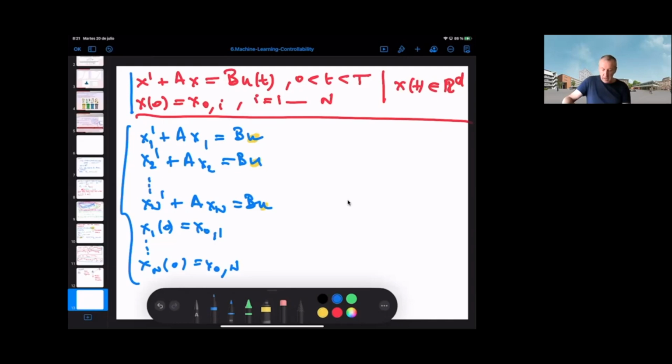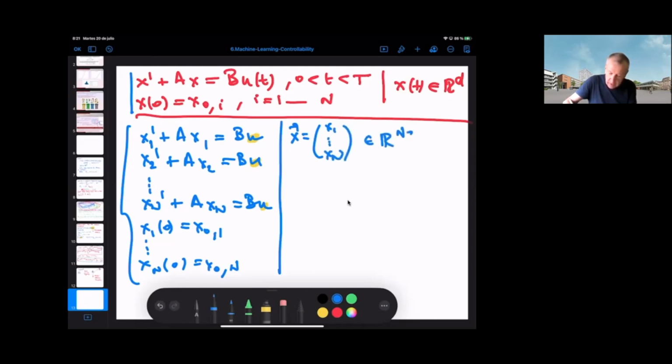So what does it mean from the Kalman perspective? From the Kalman perspective, it means that you are taking a huge state, which is now living in R^{Nd}. Why in R^{Nd}? Well, because every copy x is evolving in R^d, and I have n copies of them. So the state now lives in R^{Nd}.